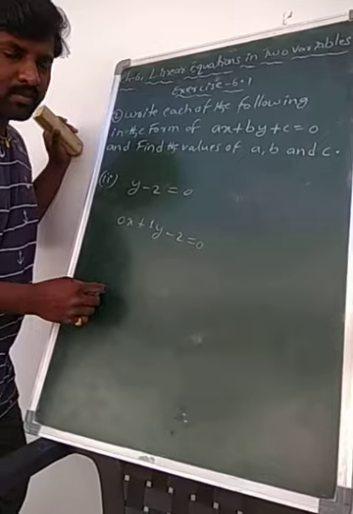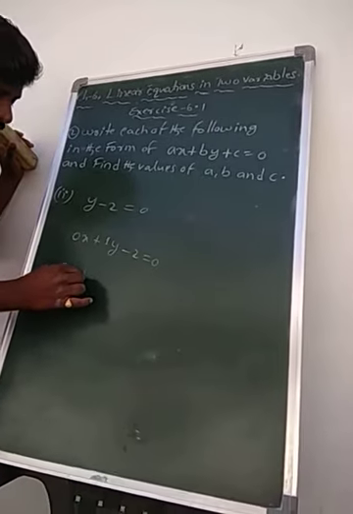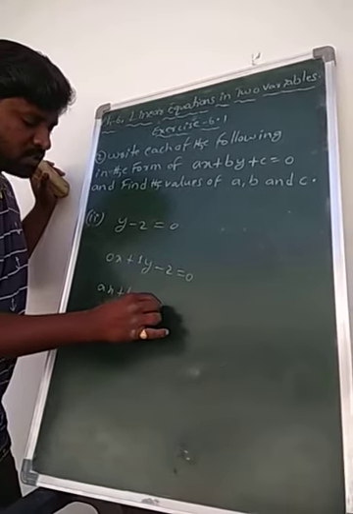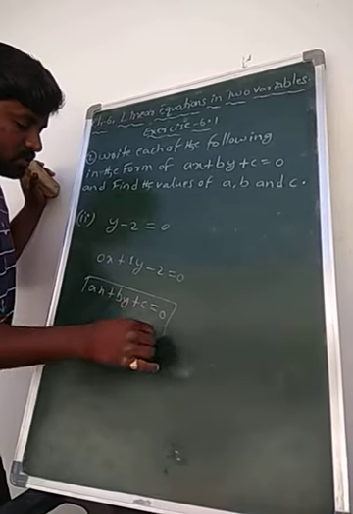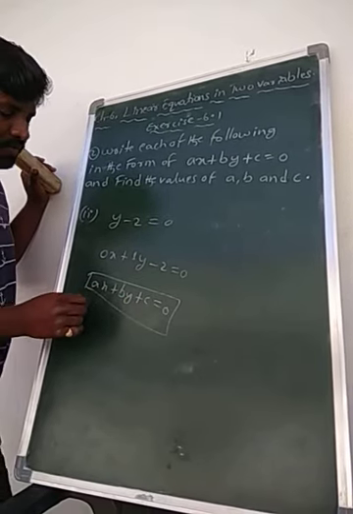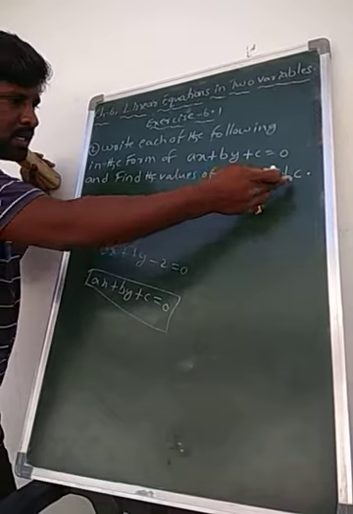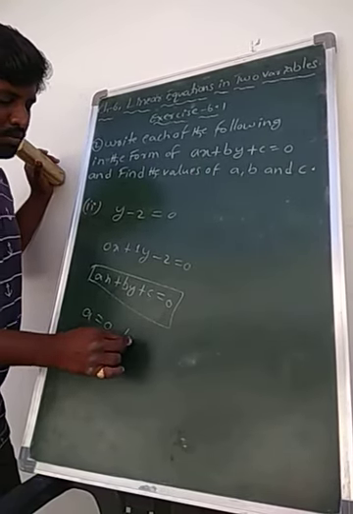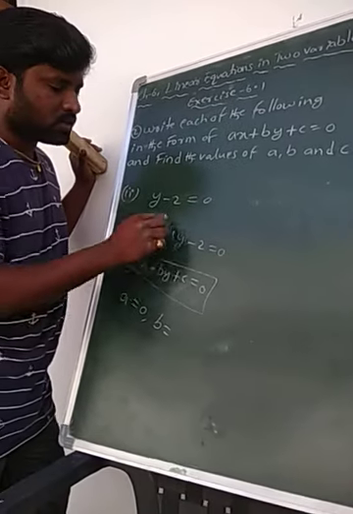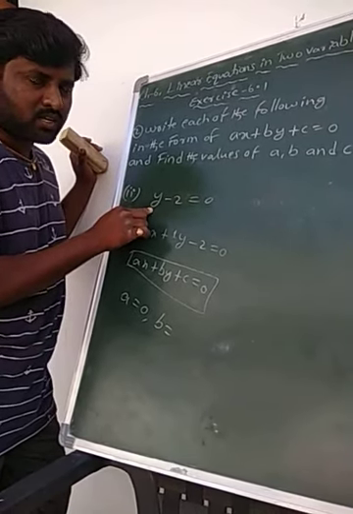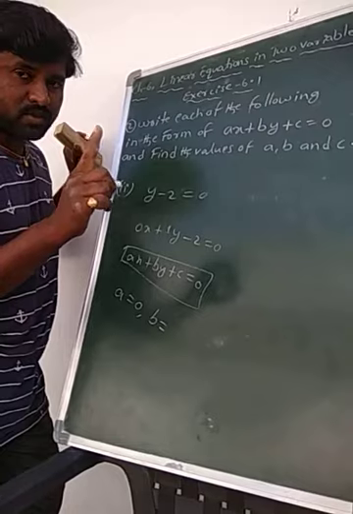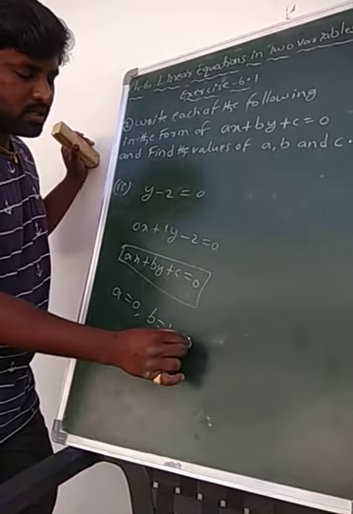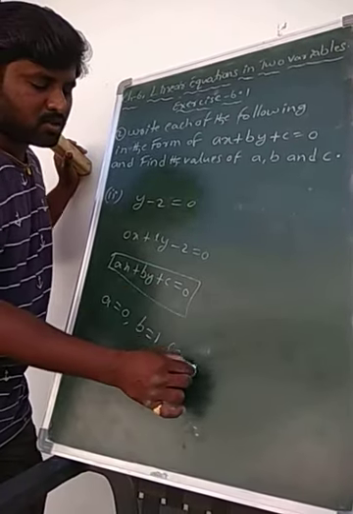Okay, so now you just compare with ax plus by plus c is equal to 0. The values of a, b and c: a is equal to 0, b is equal to 1, the coefficient of y is 1, and c is equal to minus 2.